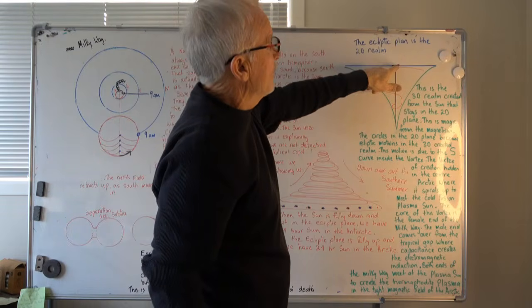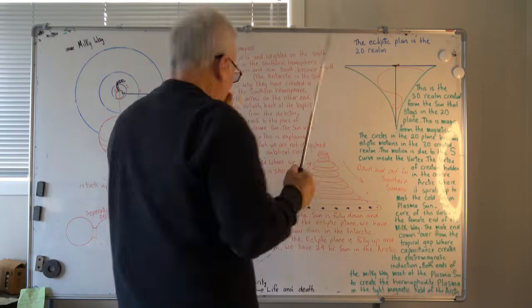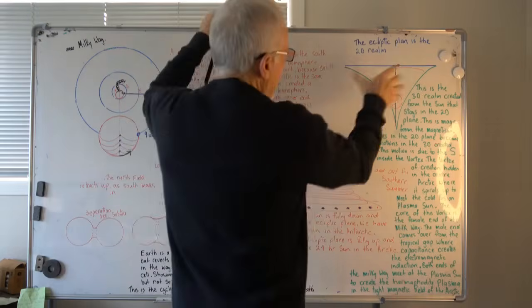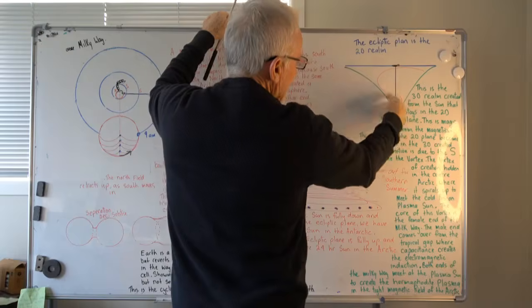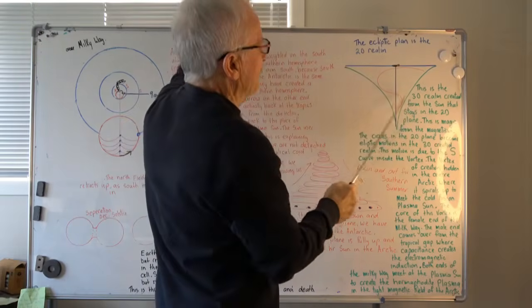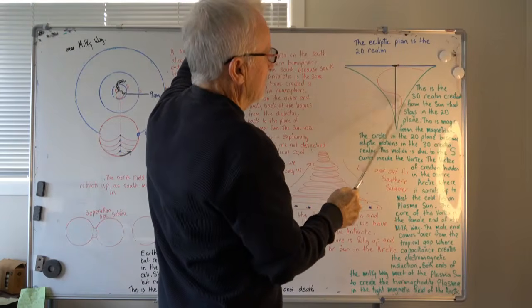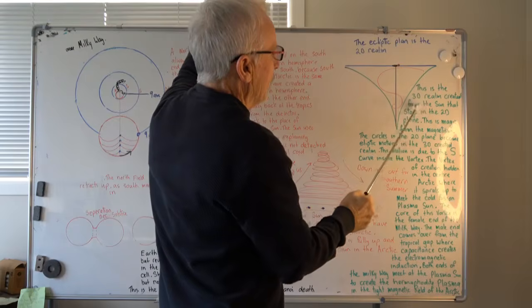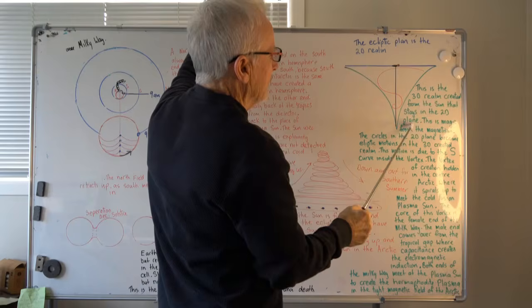As soon as the sun is illuminated, bingo, creates the 3D depth. And look, it all appears. Life comes into existence through magic, magnetism. This is the 3D realm created from the sun that stays in the 2D plane.